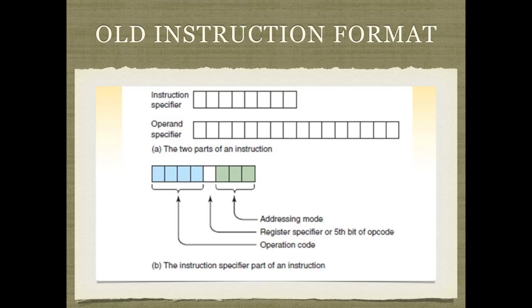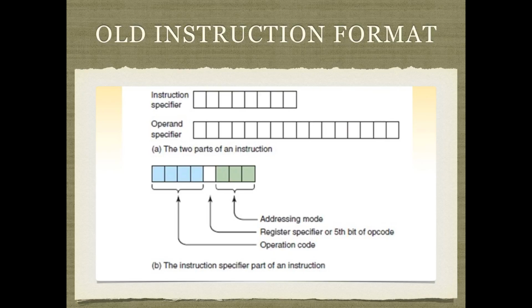The green block is the addressing mode, which represents how to treat the data in the operand specifier. And then the white block is the flex bit, which could be either the 5th bit of the operation code or a bit to indicate what register to use.